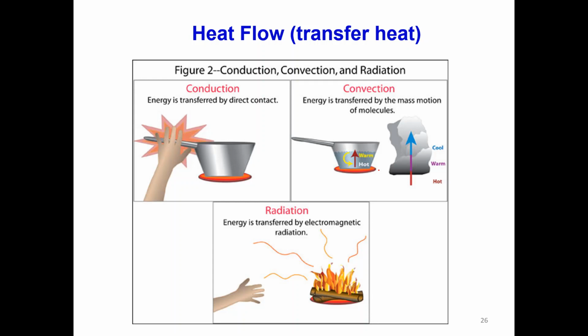And radiation is energy that can travel in empty space. The only energy that can travel in empty space is electromagnetic radiation. Let's discuss these three ways in which heat can flow; this is the last thing we will discuss in this section.